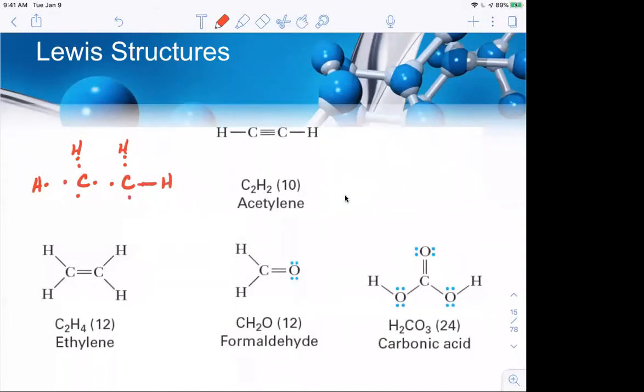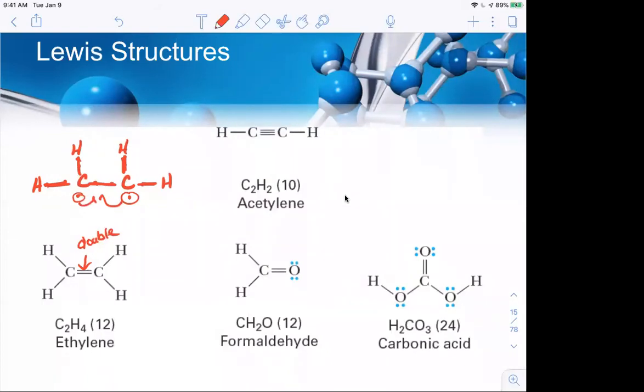When I form those single bonds, I still have 2 electrons left. Well, those are going to go in to form this double bond in order to give carbon an octet on either side. The same thing can happen when I look at oxygens.